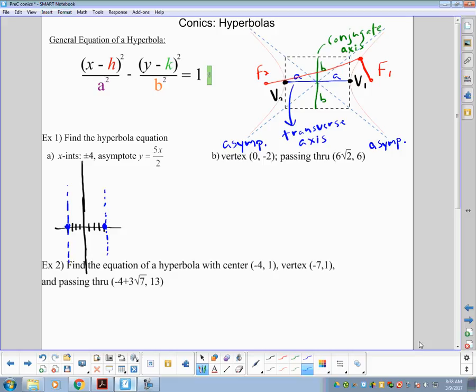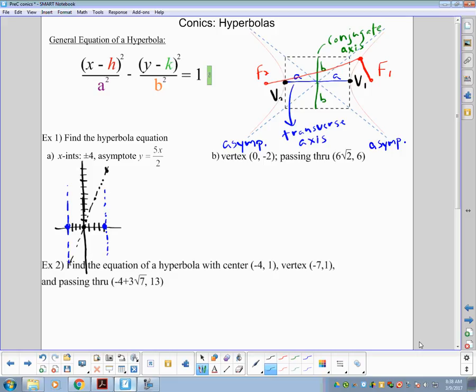Well, if I have an equation y equals 5x over 2, starting at 0, I'm going up 1, 2, 3, 4, 5, and over 2. And I'm going to go up another 1, 2, 3, 4, 5, and over 2. And that's going to be the graph of my asymptote.